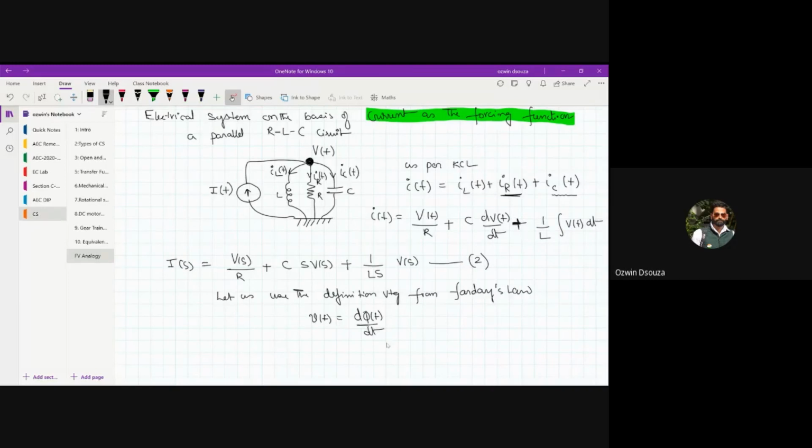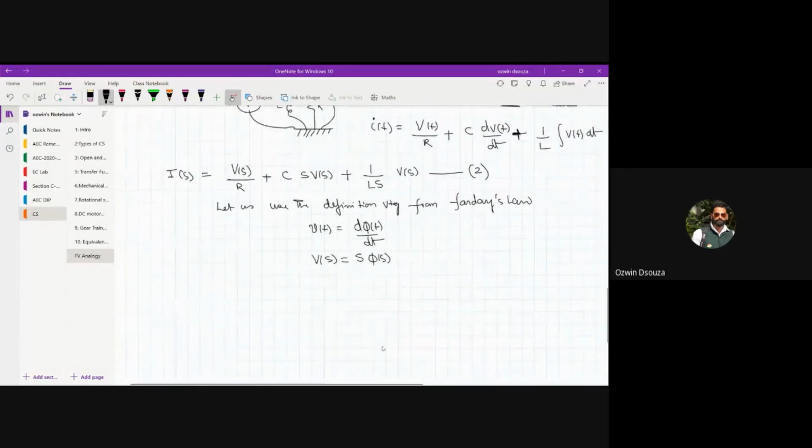So the voltage induced is directly proportional to the rate of change of flux. Or in the Laplace domain, V of s is equal to d phi by dt, so it's a differential function, so you get s into phi of s. Take this as equation 3.